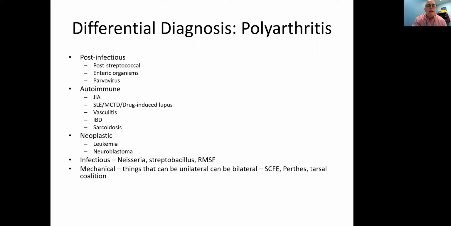So neoplastic causes: leukemia and disseminated neuroblastoma are the two big ones. In every pediatric rheumatology clinic, a leukemia diagnosis is probably made once a year, if not a few times a year.